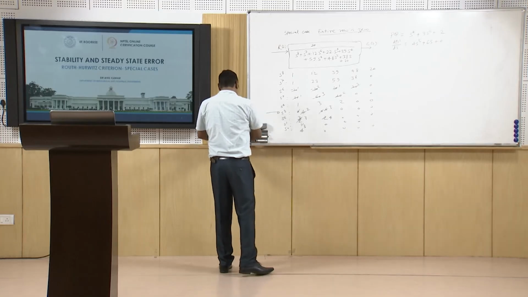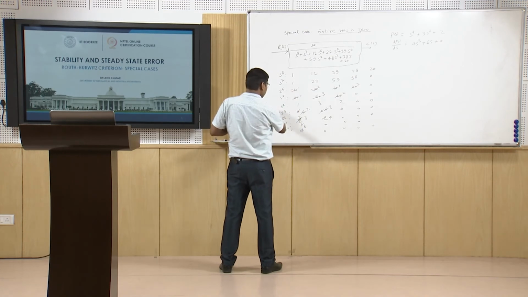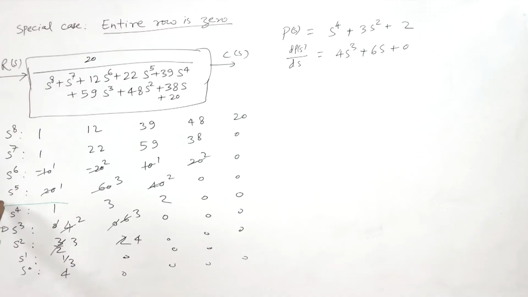So here we can now notice that from here onwards this is the even polynomial. And here we see that this is plus, plus, here it is minus and then plus.